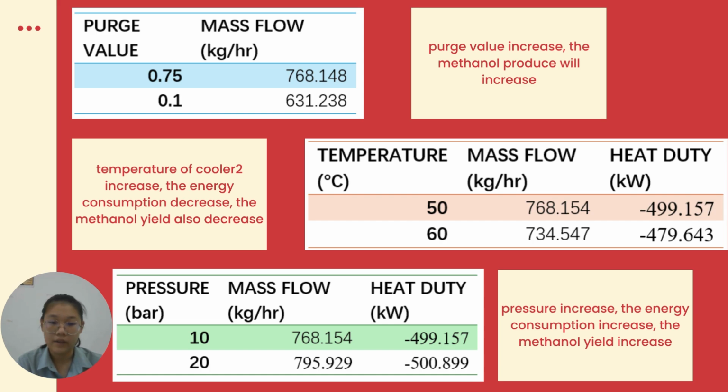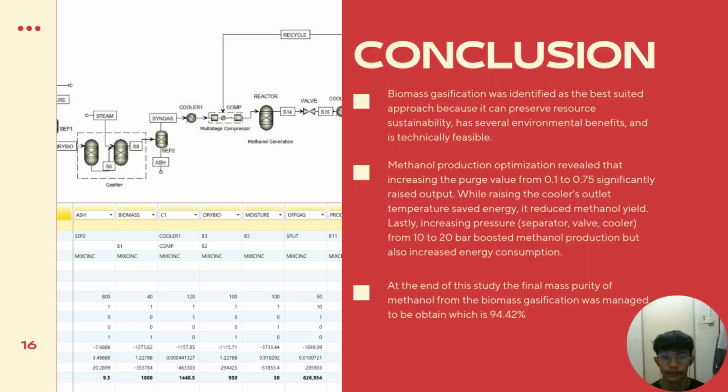At the same time, the heat duty increased from 499.157 to 500.899 kilowatt. However, the heat duty only slightly increased, so we can conclude that if we want to increase the methanol yields, we should increase the pressure.